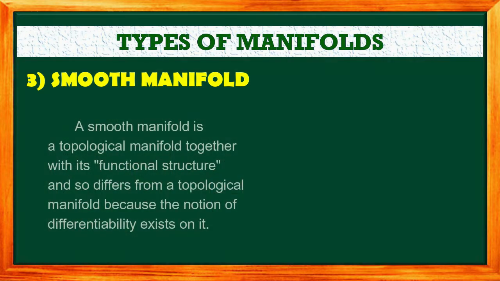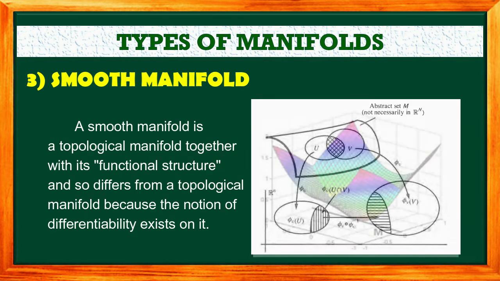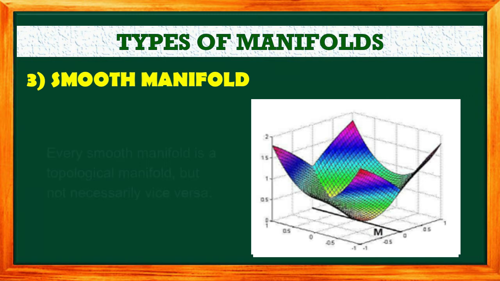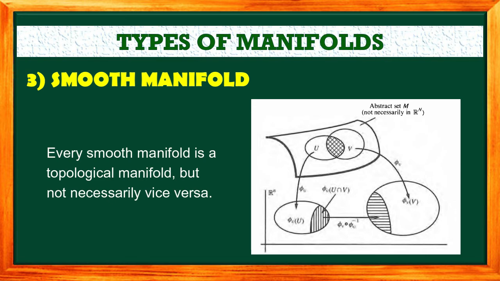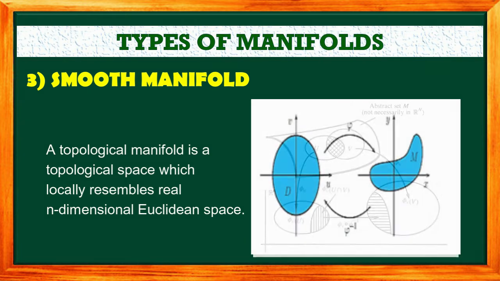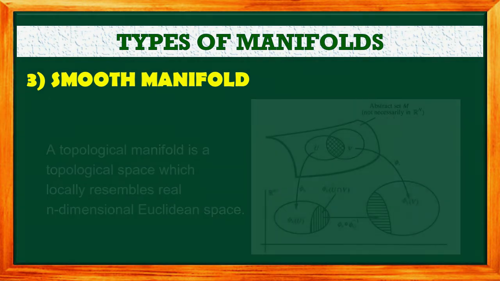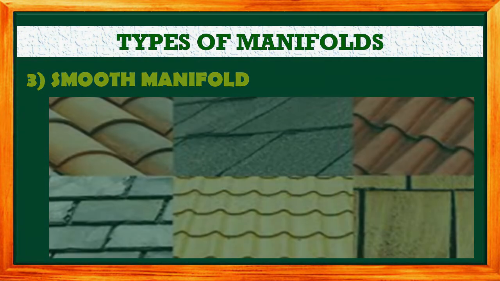A smooth manifold is a topological manifold together with its functional structure, and so differs from a topological manifold because the notion of differentiability exists on it. Every smooth manifold is a topological manifold, but not necessarily vice versa. A topological manifold is a topological space which locally resembles real n-dimensional Euclidean space. Examples of smooth manifolds in real life are the following.